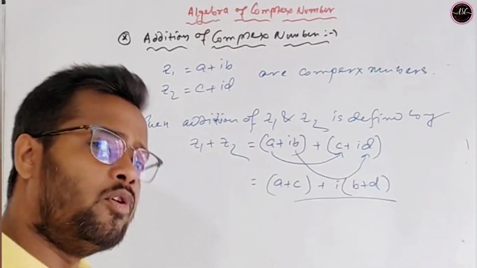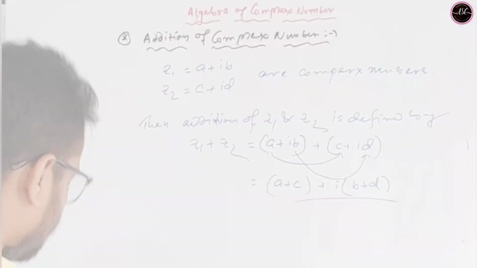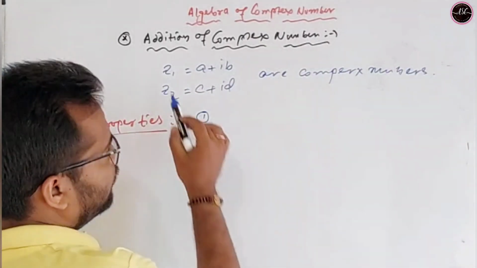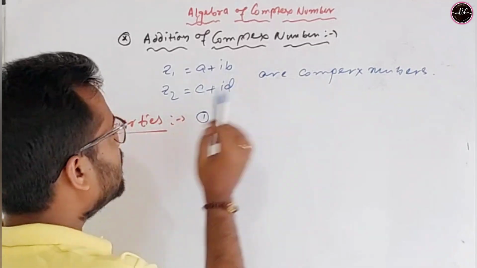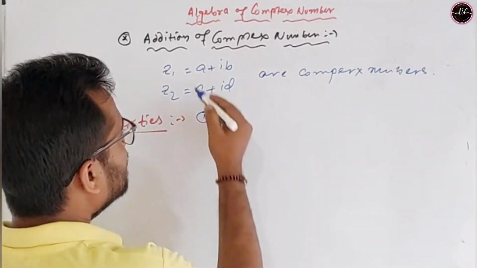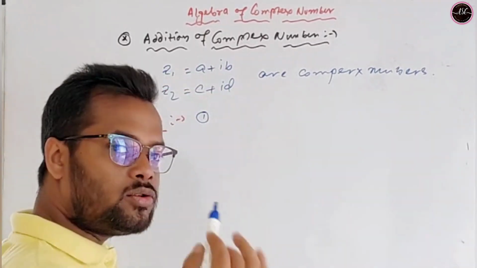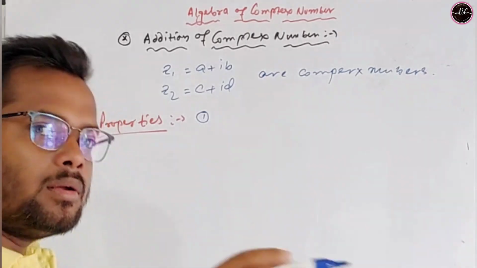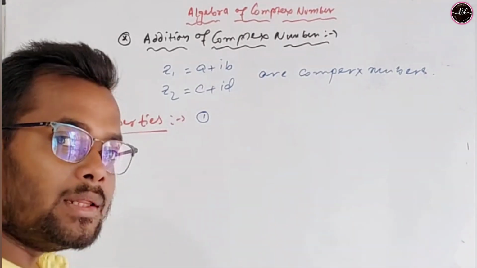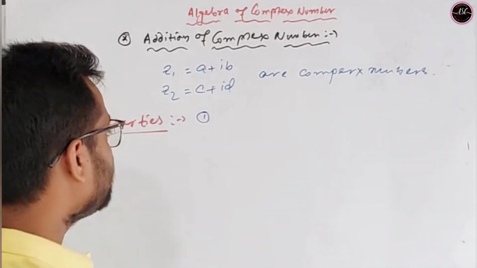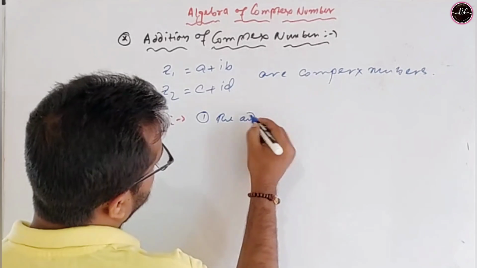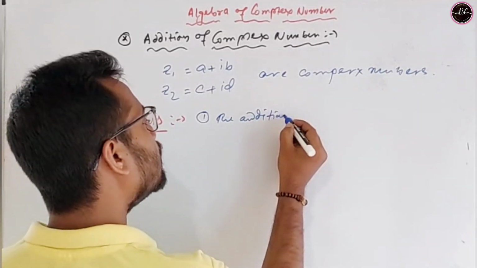In addition, there are some laws, meaning some properties. Let's see property number 1. Here, z1 is a complex number and z2 is a complex number. Then the addition of these two complex numbers is also a complex number. This is the closure law.